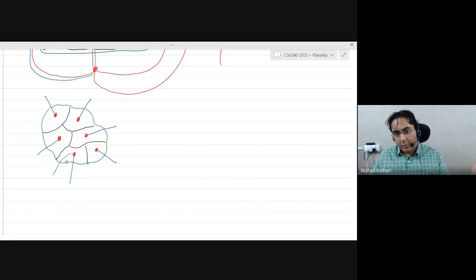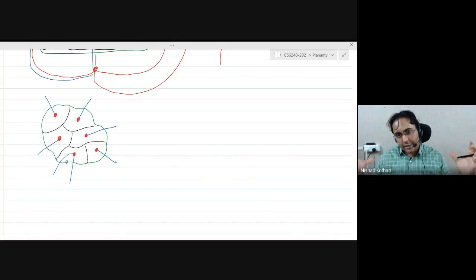You have a partition of the vertex set. You look at all the vertices inside the cycle, that's one part, and all the vertices outside the cycle. I'm talking about dual vertices. And all of the blue colored edges are edges that are going from the inside dual vertices to the outside dual vertices.